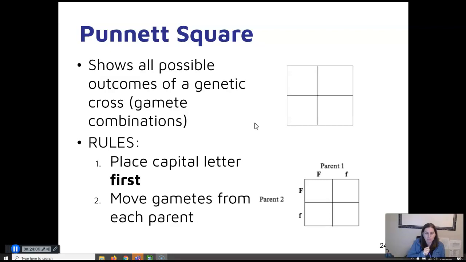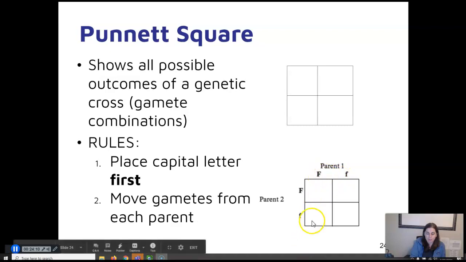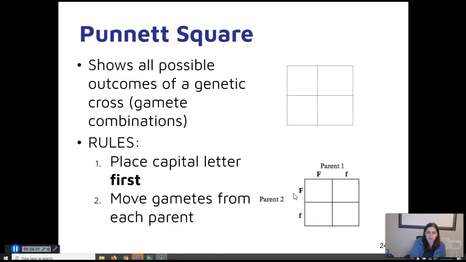And then you're always going to move gametes from each parent. So you're going to move the top ones down, so each of the boxes below get that allele. And then the second parent across. So parent 1 will go on the top, parent 2 will go on the side. Don't know why that's the way we do it, but that's just customary, okay?